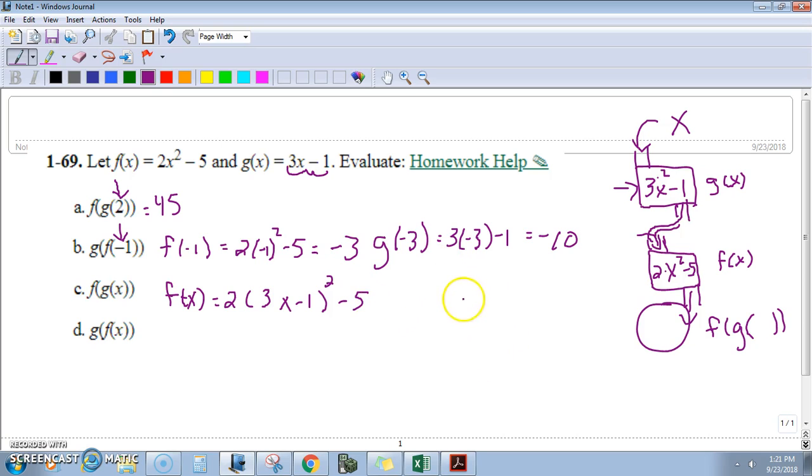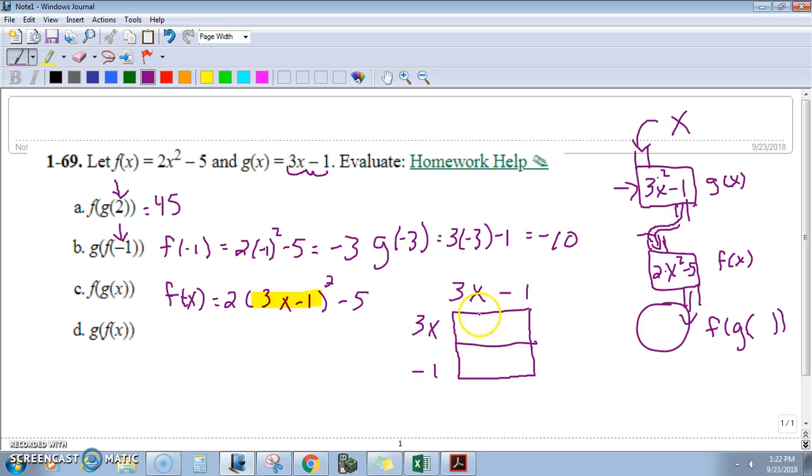But if you were going to simplify it, when you have this binomial being squared, don't make that mistake of just squaring the terms on the inside. When you are squaring a binomial or multiplying two binomials, you can use an area model, you can use FOIL, but you have to multiply every term by every other term.